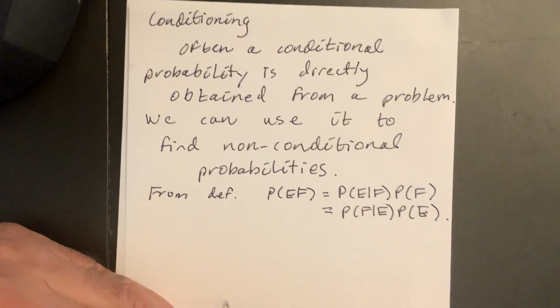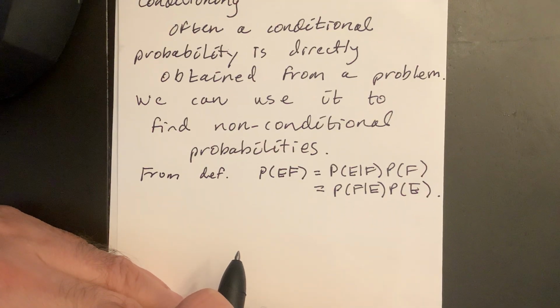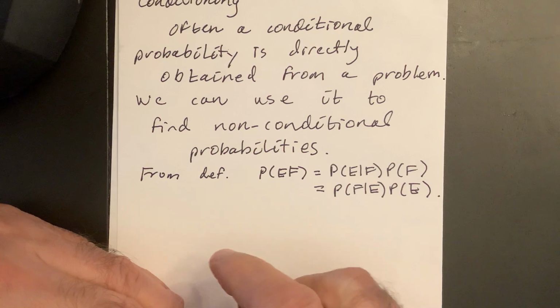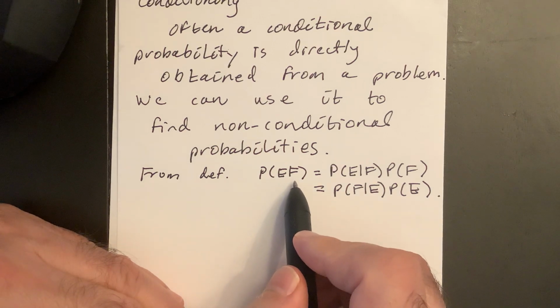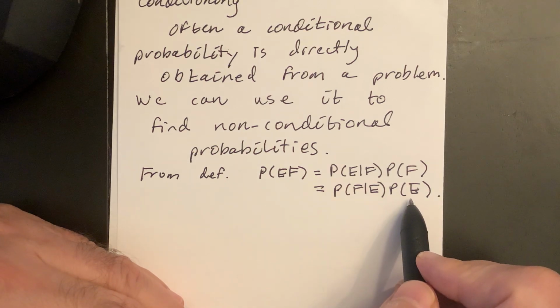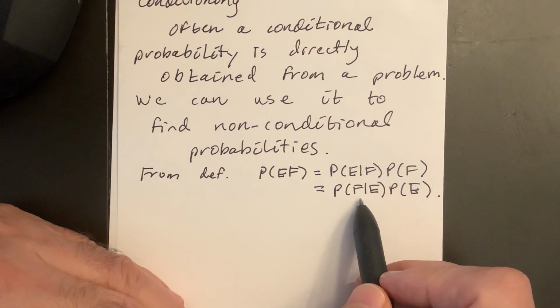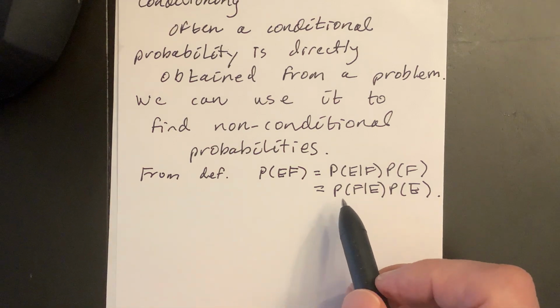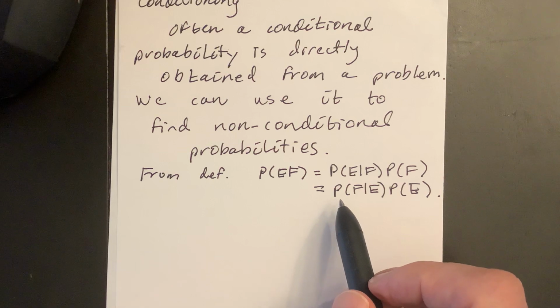Okay, so we can just multiply. And it should make some sense. The probability that E and F occurs is the probability that E occurs, times the probability that F occurs given E occurs. That's what this tells you.